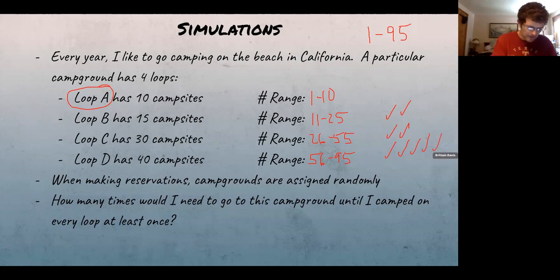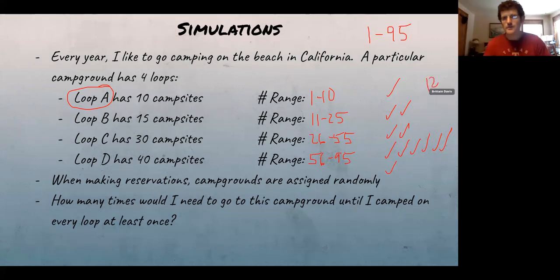All right, 60. You can see what's happening. I actually just want to try and finish this, but man, it's taking a sweet time. There it is. Finally, I finally stayed in loop A. This took me 1, 2, 3, 4, 5, 6, 7, 8, 9, 10, 11, 12 times. So for this simulation, it took me 12 trips to the beach until I stayed at all 4 campgrounds.